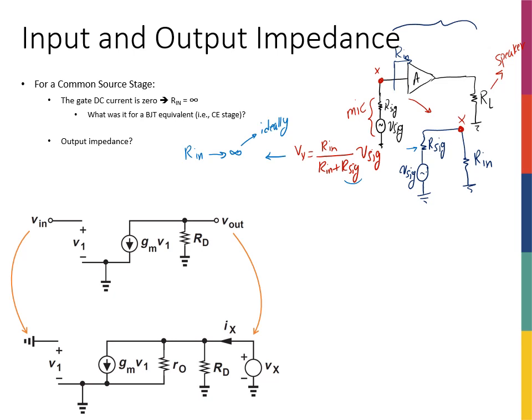How about the output impedance? The output impedance is from the perspective of my load resistance. So whatever the load resistance sees. Well, it's more than a resistor now, right? Because we talked about amplifiers and we said that amplifiers are kind of like voltage dependent voltage sources, right?